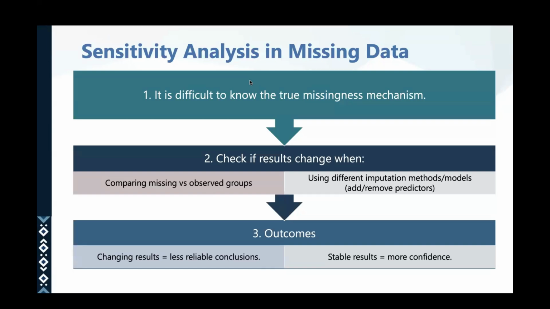So having this difficulty in mind, always try to check if the results change. For example, you do your complete case analysis as you usually do, but also do a multiple imputation to compare to see whether there's too much variation in the results. And you also run some of those visualizations, and the comparison with chi-square tests, standardized differences, and so on.